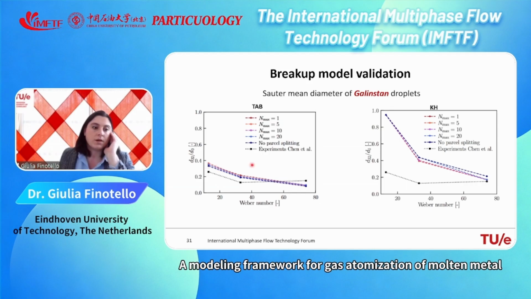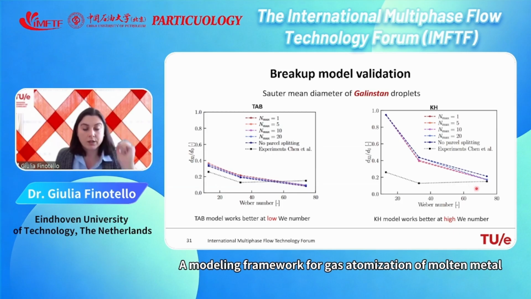So that's definitely working well at low Weber number. For the KH model, low Weber number is really not in good agreement, while it works much better at high Weber number. And that's exactly what we were expecting, because we already know the KH model works at higher Weber number.